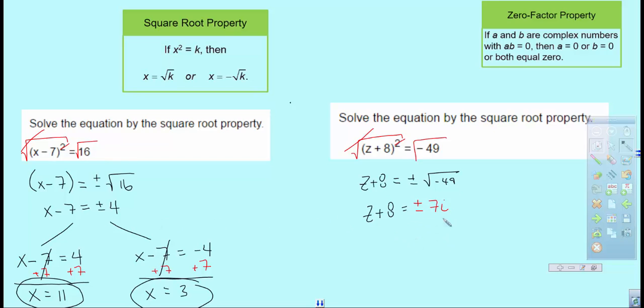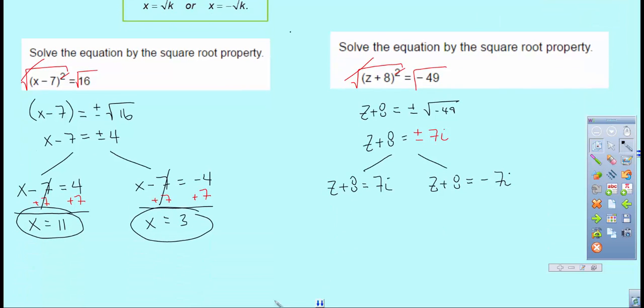Even though this guy has an i on it, it's just not going to simplify as far. At this point we can do one of two things. We can break it off into its two equations, which I'm going to do just for the sake of commonality of moving forward. So we get z plus 8 equals 7i and z plus 8 equals negative 7i.